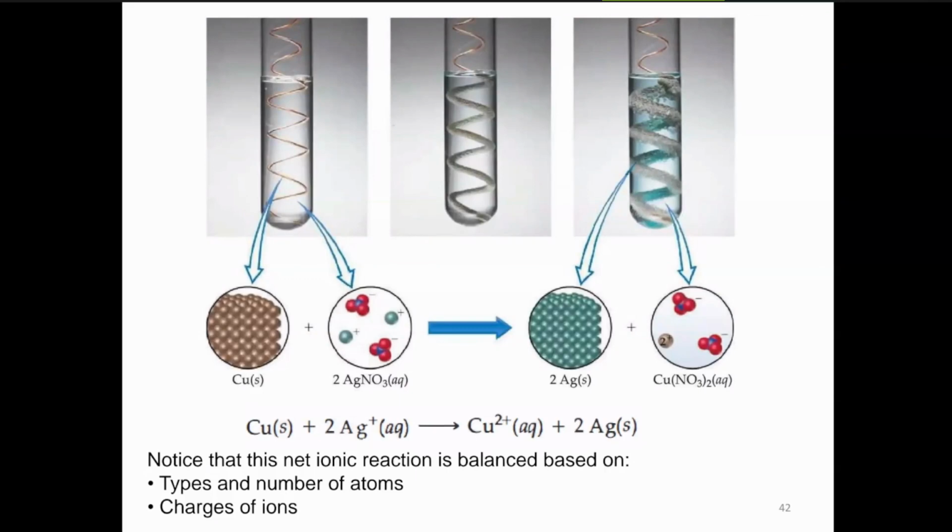So basically, based on the image we see, you have copper here. First, you make silver, and then silver develops like this one.